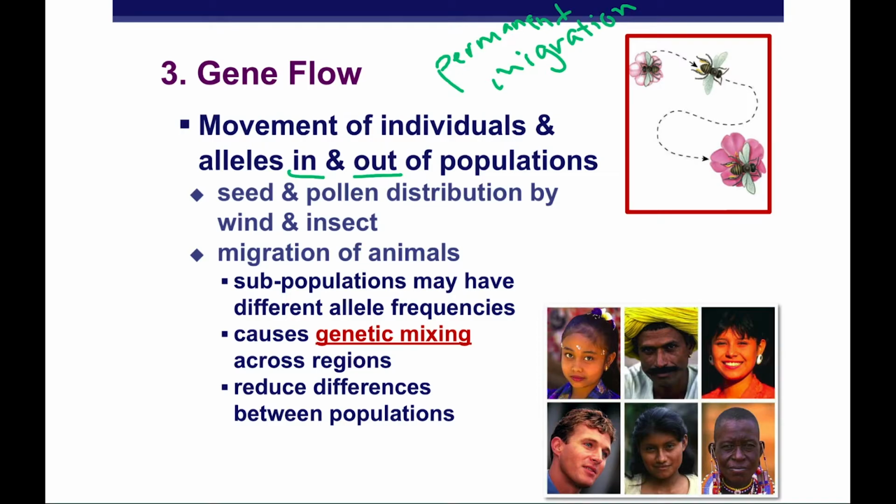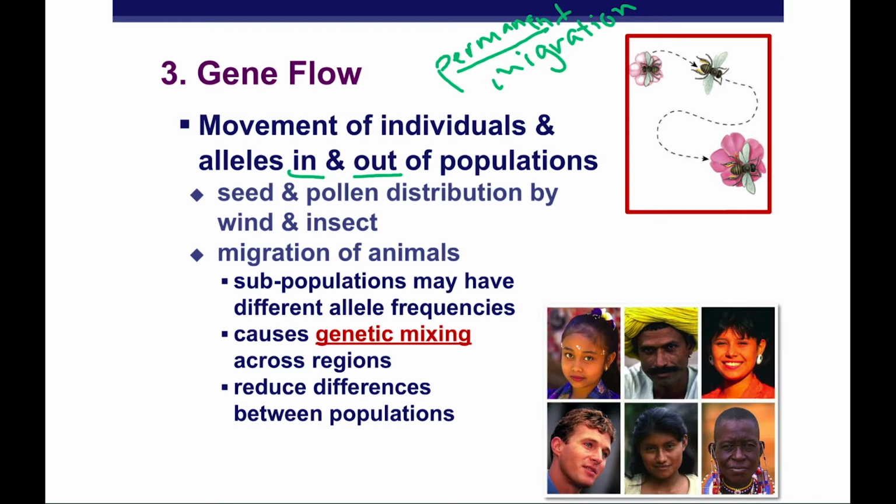But automatically, when an organism comes in or leaves a population, the p's and q's of that population, the frequency of any allele, shifts in that gene. That automatically makes microevolution occur. However, these migrating animals need to have what's considered a permanent migration. When one organism leaves, it doesn't come back.